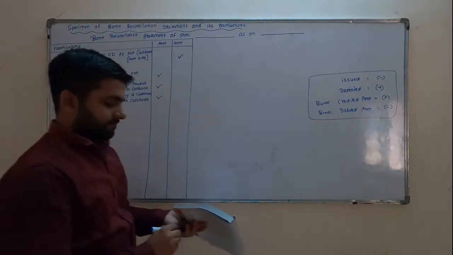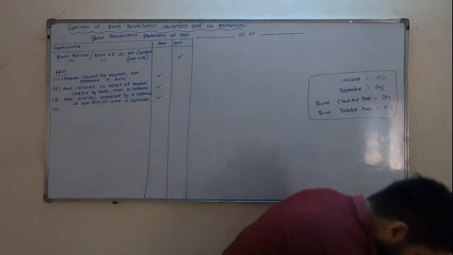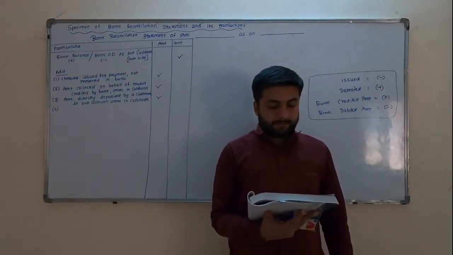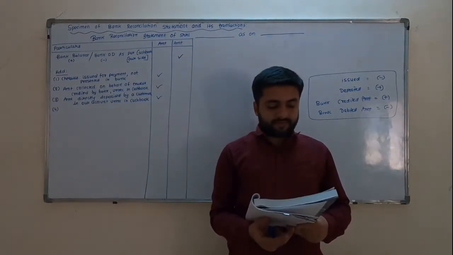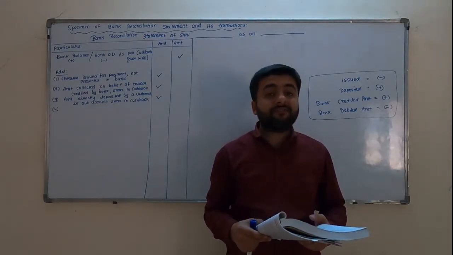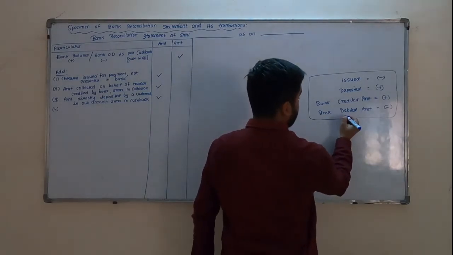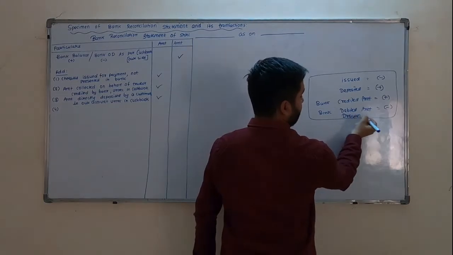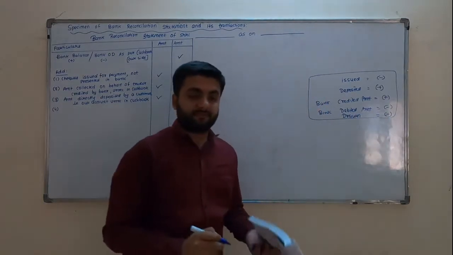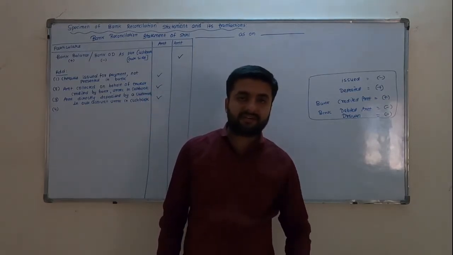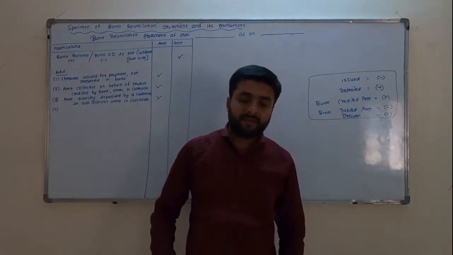Number 4. Eighteenth one. Checks drawn but left to be given. Again, one more thing. You add in the margin, drawn means also minus. Means we are drawing the check for our creditors, or to whom we have to make the payment.